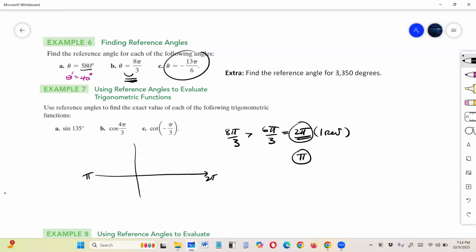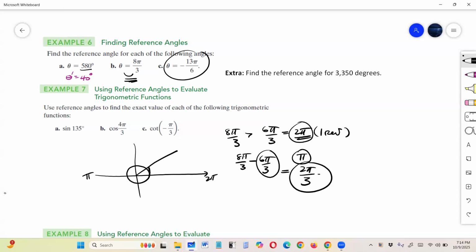So 8 pi over 3 is here somewhere, maybe, right? It's certainly one full revolution, so I can do this. 8 pi over 3 minus 6 pi over 3, because this is a full revolution. So what do I get? I get 2 pi over 3.